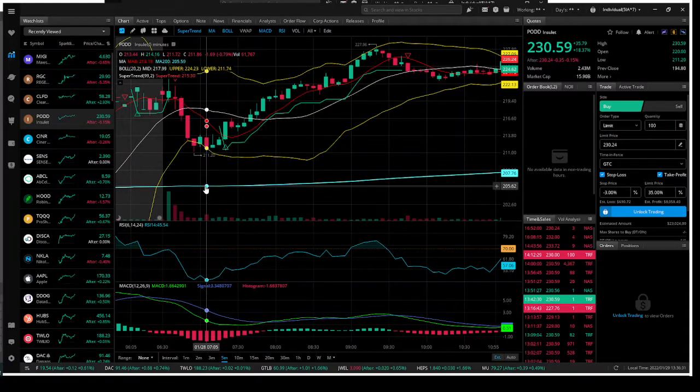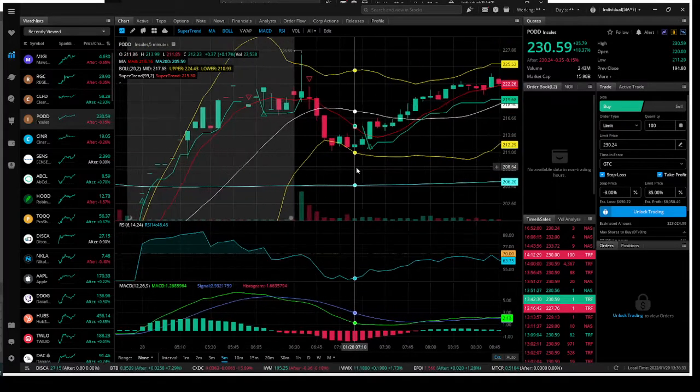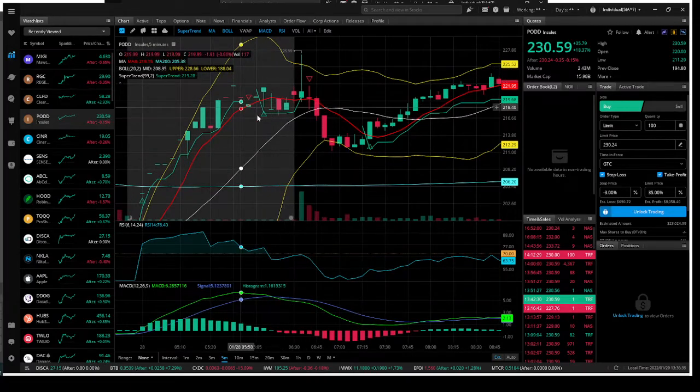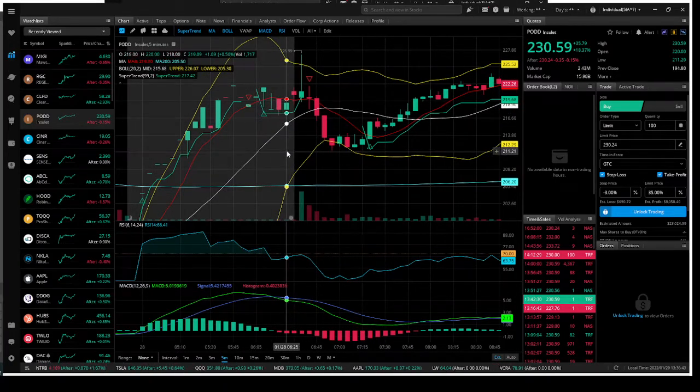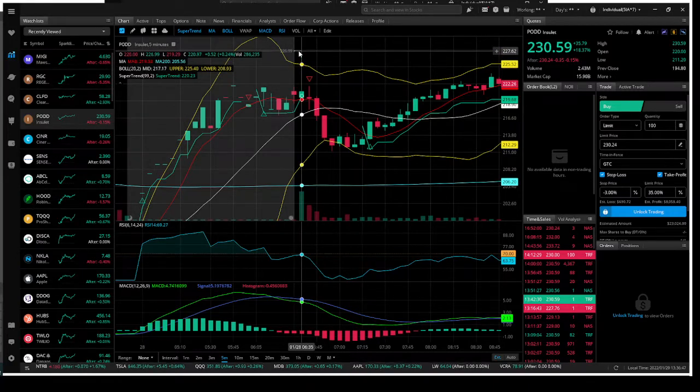But note that if the market is too noisy, like you see here, Supertrend is too noisy here. But if you wanted to short, enter only at the point where you see a Webull indication of a price.